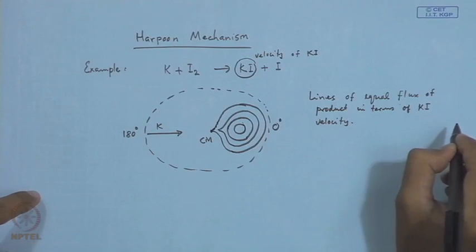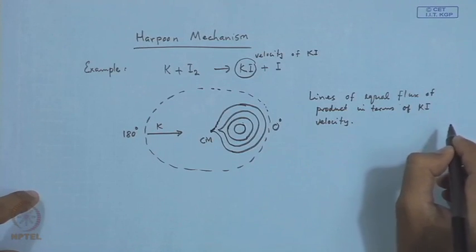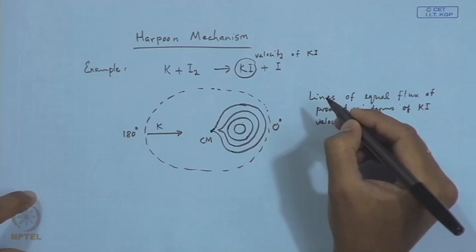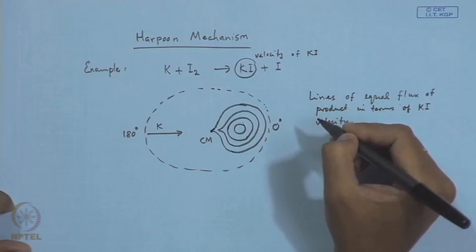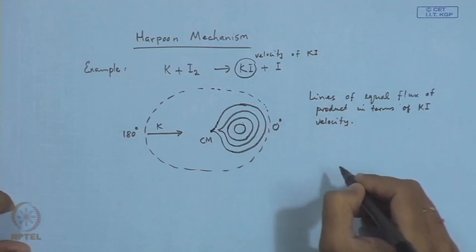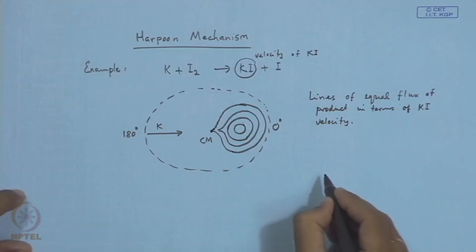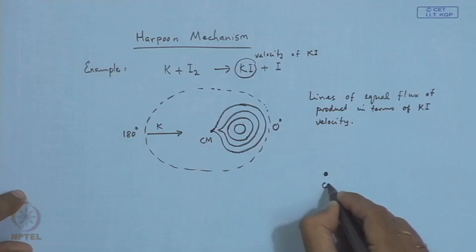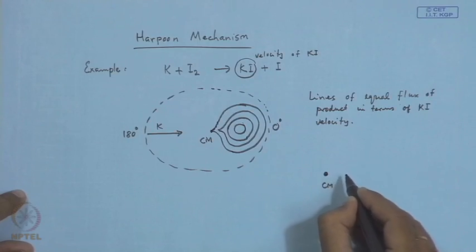Okay. And this circle outside represents the maximum possible product velocity, which is set by the energy conservation. Okay. So, this is your center of mass, and the center of mass is thought to be stationary.